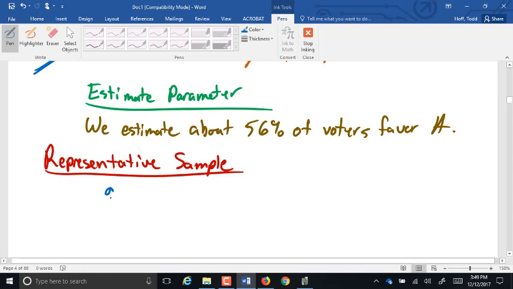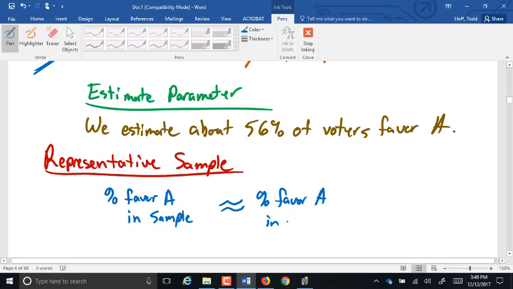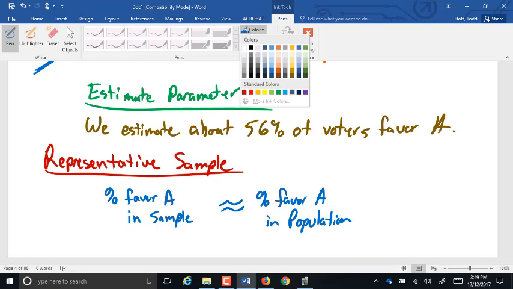So in this case, the percent that favor A in the sample better be approximately equal to the percent that favor A in the population. Doesn't have to be perfect, but it better be close.